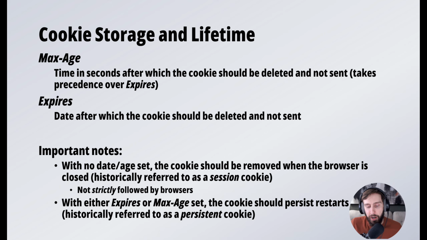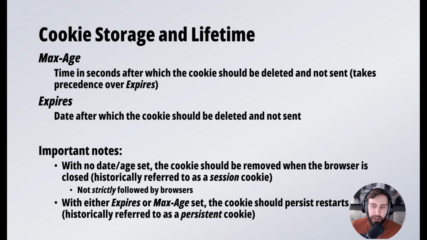Cookie storage and lifetime is worth commenting on because these are also attributes that I didn't mention already. From a security perspective, they're generally less interesting. There may be some times where they play an important role depending on the type of application you're looking at. They're quite straightforward, really. If you set either a max age or an expires attribute, you're effectively setting a lifetime for the cookie.